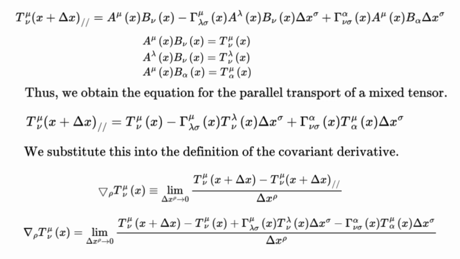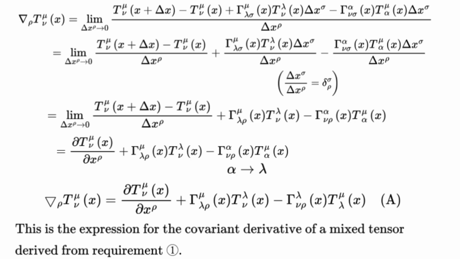We substitute this into the definition of the covariant derivative. This is the expression for the covariant derivative of a mixed tensor derived from requirement 1.